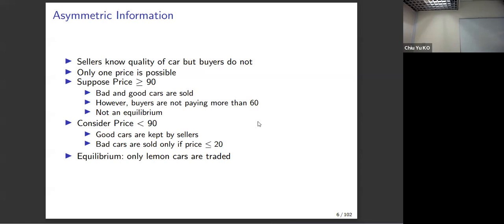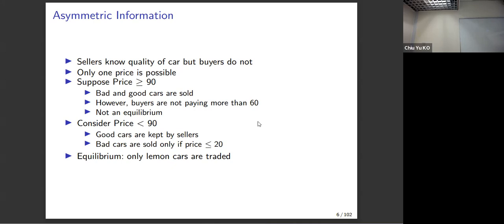Half of the time it's a good car, half of the time a bad car, so you're only willing to pay 60. More than 60, you'd rather not buy, because your payoff is the value of the car minus what you pay. So this cannot be an equilibrium. The equilibrium can only be less than 90, but less than 90 means the good car isn't there.